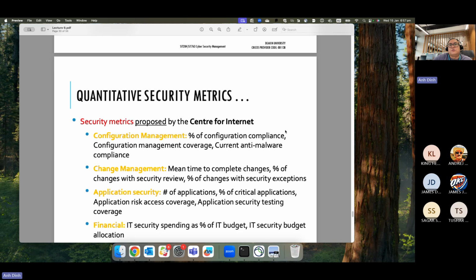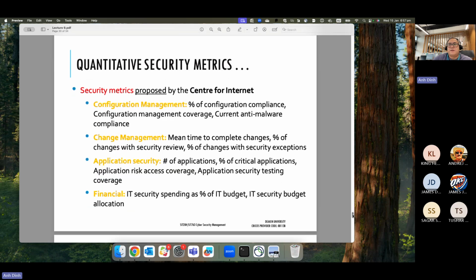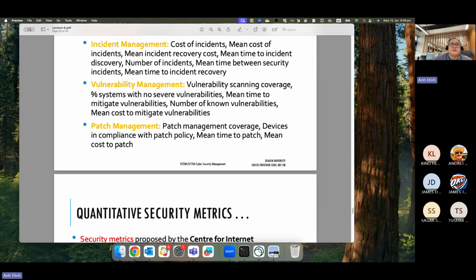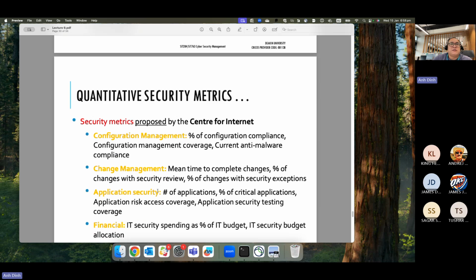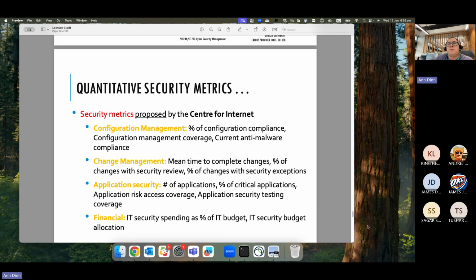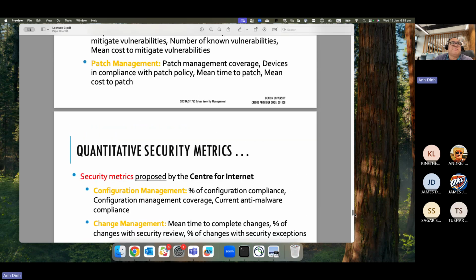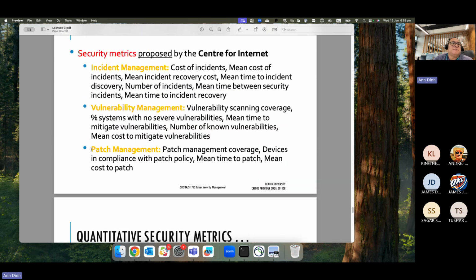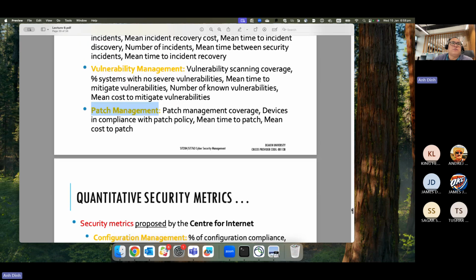So this example goes to show that different organizations would have different priorities on what metrics they want to track, because some organizations might not have all of these components, right? Some of them, I think this one, configuration management, might not be applicable to many organizations. Only the big ones might have this system. But the smaller companies don't have to worry about configuration management, or even patch management, especially if you are using some cloud services.